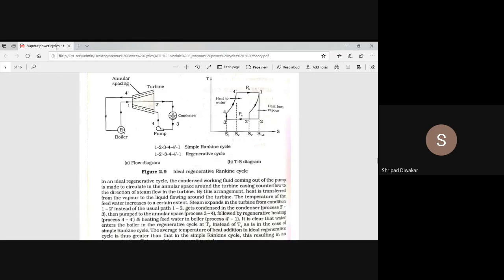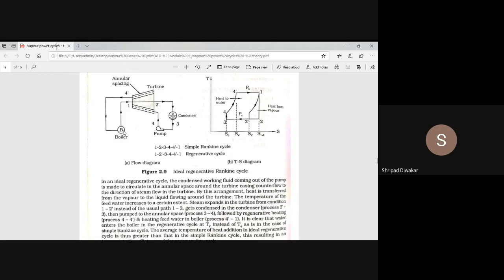Okay, here instead of entering from the pump directly, first it enters into the turbine annular spacing, where it gets exchanged with the steam which is flowing in the turbine, thereby increasing the temperature. That increased temperature of water then enters into the boiler.